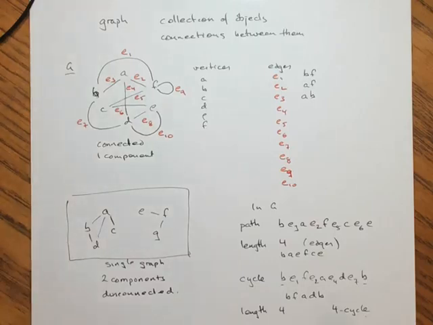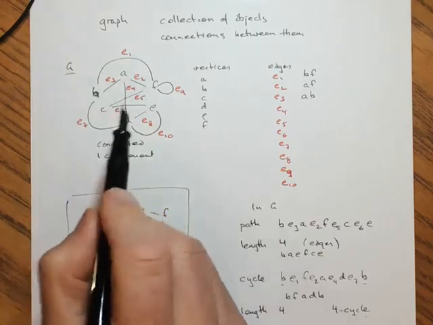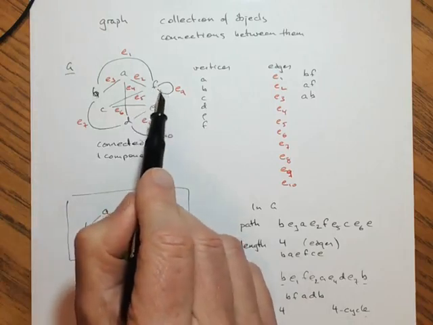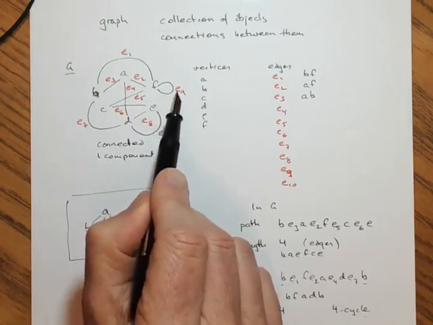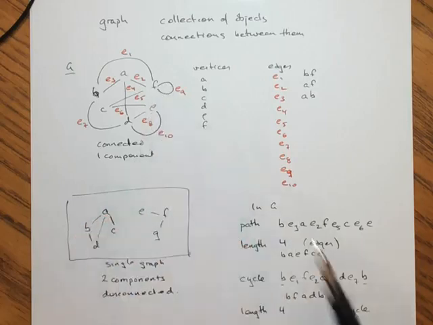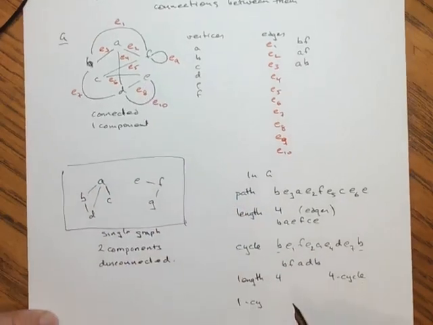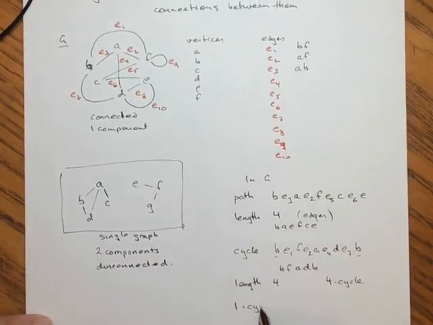What does a 1 cycle look like? Well, a 1 cycle is simply a loop. For example, F, follow edge E9 around and end up at F. We're only using one edge.